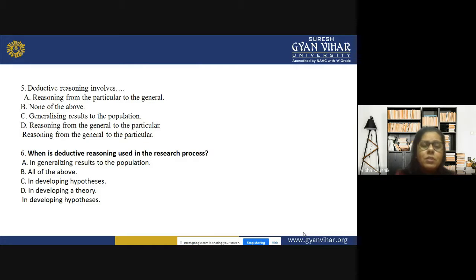B, all of the above. C, in developing hypothesis, where we want to develop a particular hypothesis. D, in developing a theory. Deductive reasoning is used in the research process for developing a hypothesis, so the correct answer will be option C, in developing hypothesis.